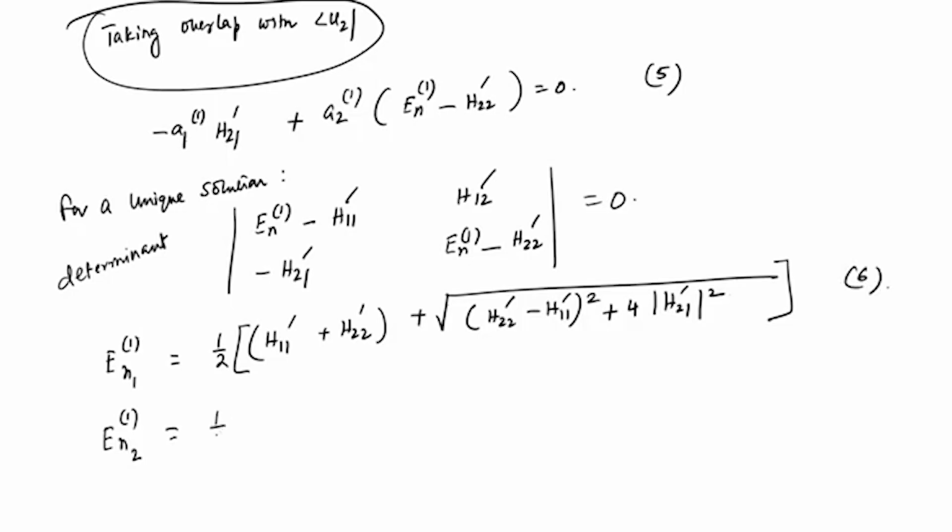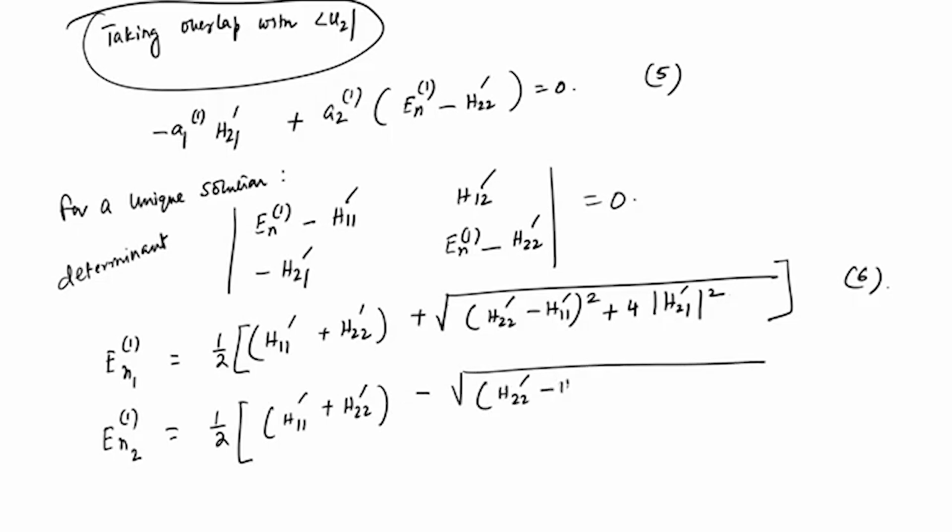So, and the other one is H11 prime plus H22 prime, and comes with a negative in front of this square root. So, it is H22 prime minus H11 prime square plus 4 H21 prime square, and the bracket closes.